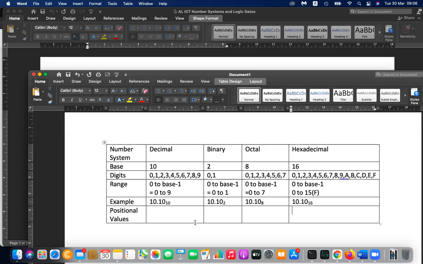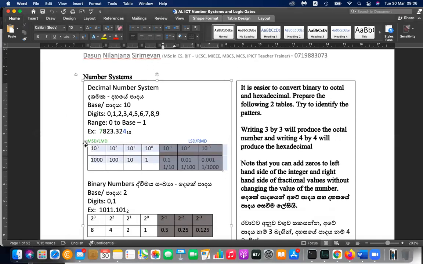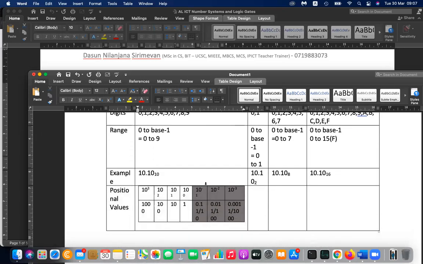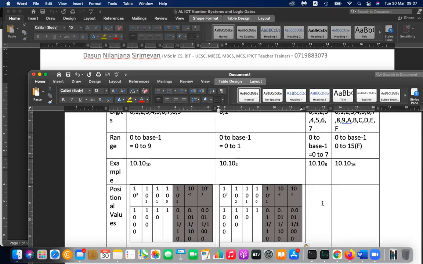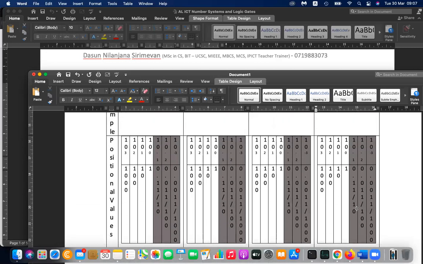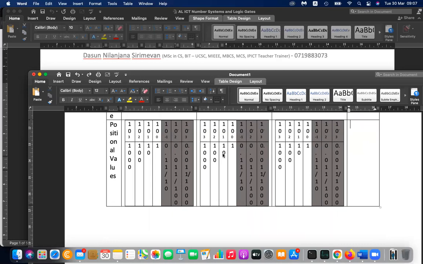And then the positional values, you have to tell a few. I'm going to copy this from this table. This is how positional values are distributed. The first one is base 10, and the second one you can also write, the third one and fourth one. Don't write too many values, this has become confusing.